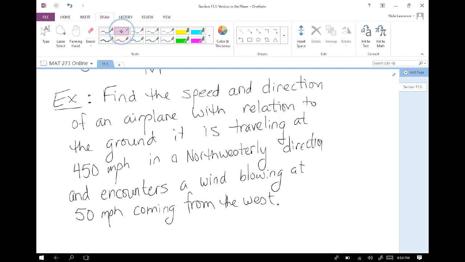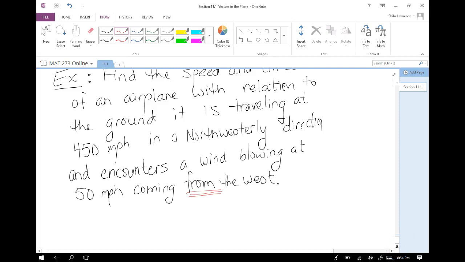And that's a very important thing to recognize here. They're telling us the wind is coming from the west. But when we represent vectors, we want to know what direction it's going to. So they tell us it's coming from the west, and what that means is that it's blowing to the east.